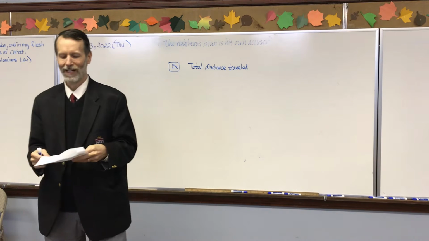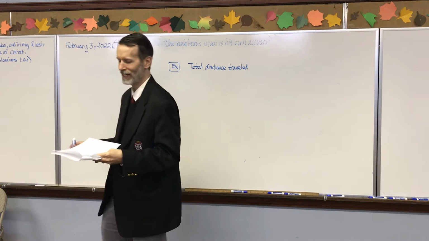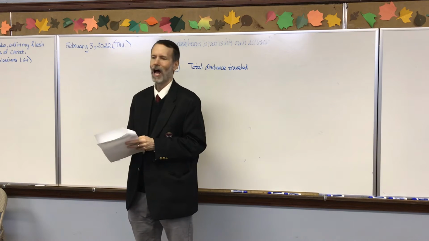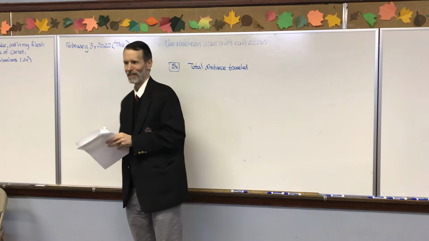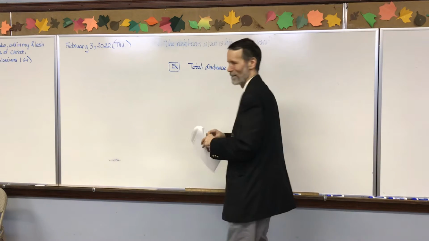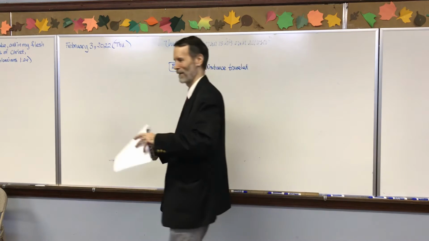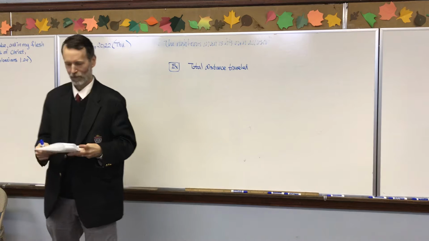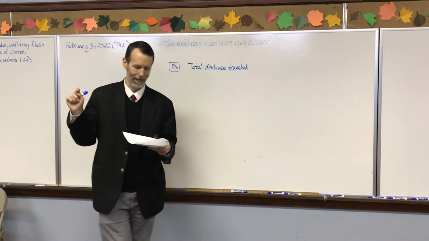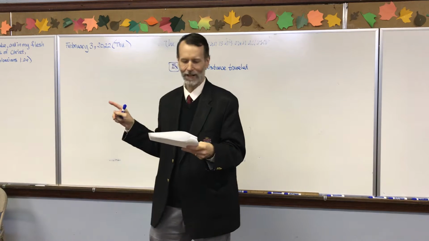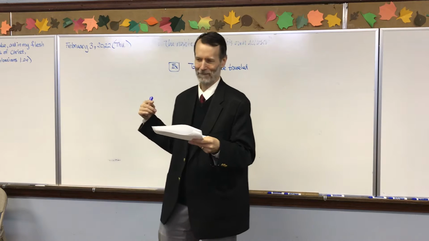Hint number 2. Displacement is found by taking the integral of the velocity function, not the position function. Velocity function. I'll explain why in a minute. The rest is fine. Hint number 3.